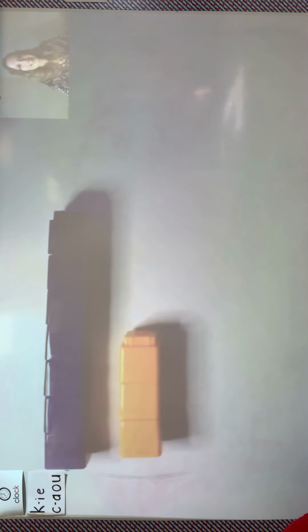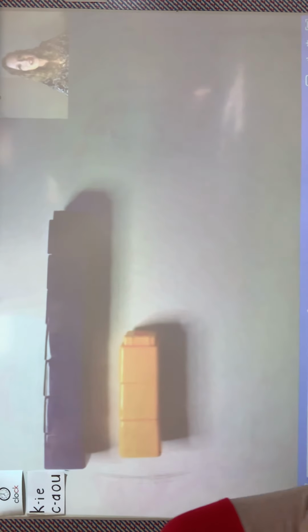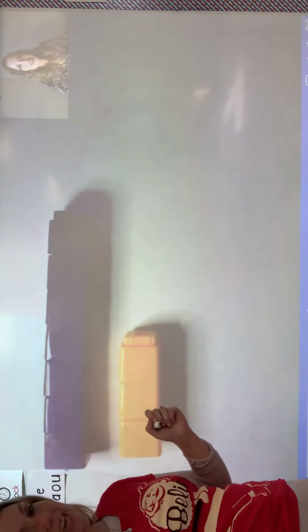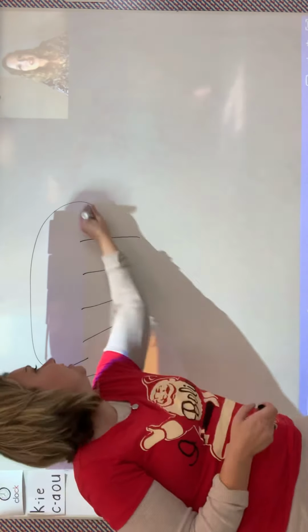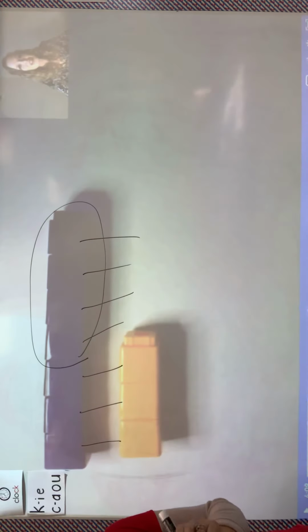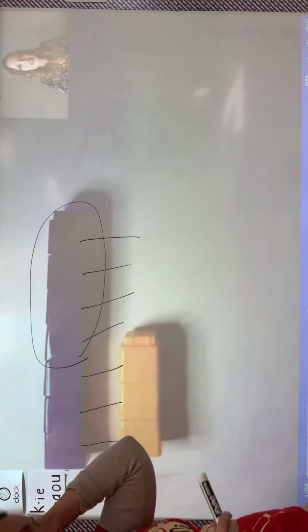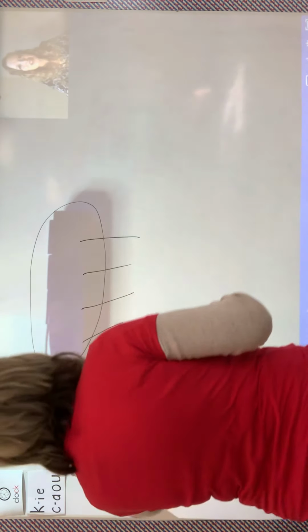Oh, that's a good idea. The 1-to-1 matching. We forgot that strategy. We did the counting, we did the endpoints, but you can also match each cube together with 1-to-1 matching and see that these friends don't have a match. So if they don't have a match, that means that there's more. That was a great strategy.